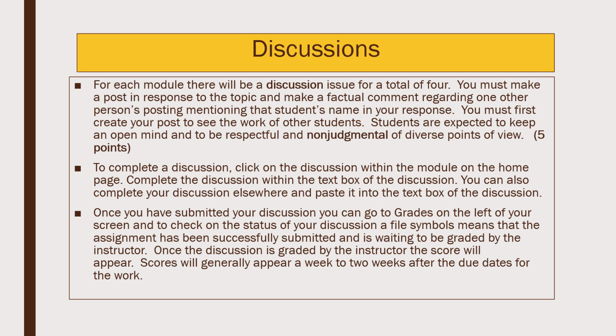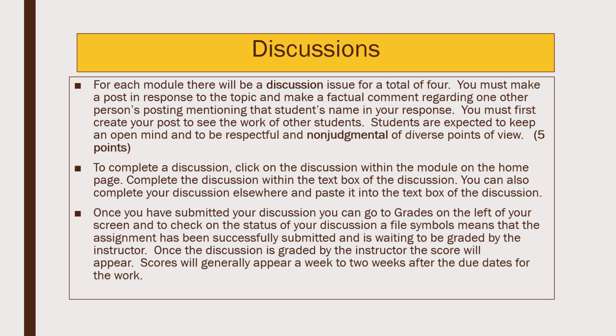To complete a discussion, click on the discussion within the module on the home page. Complete the discussion within the text box of this discussion. You can also complete your discussion elsewhere and paste it into the text box of the discussion. Once you submit your discussion, you can go to grades on the left side of your screen to check on the status of your discussion.